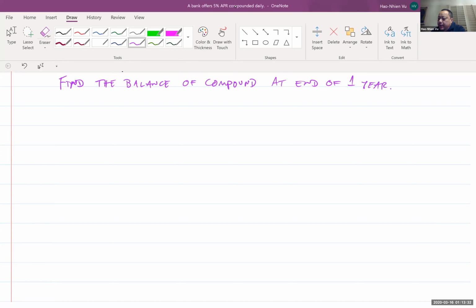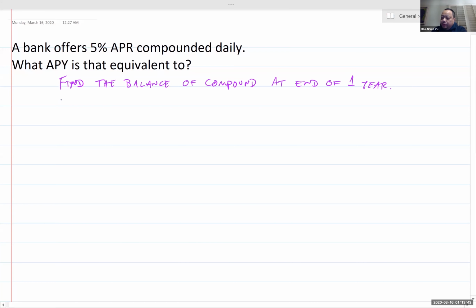And now using blue pen, second step is to find what simple interest gets the same balance.